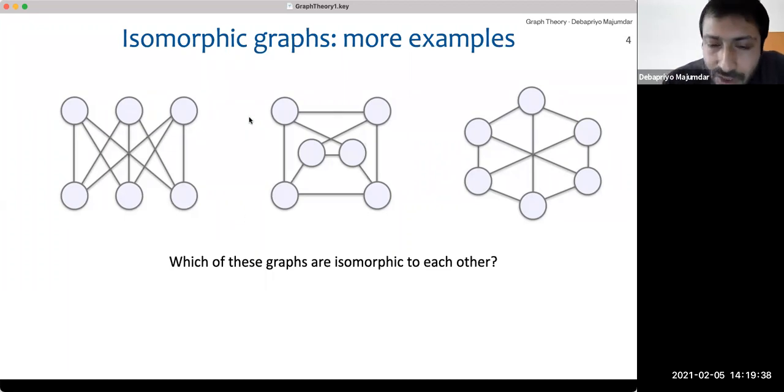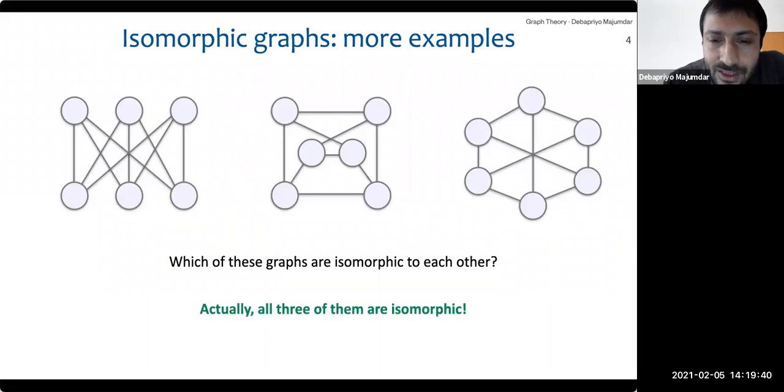So it turns out that all three of them are isomorphic. Unless a graph is very small, like the small chain of 3 or 4 vertices we saw previously, it may not be immediate for us to recognize visually that graphs are isomorphic.